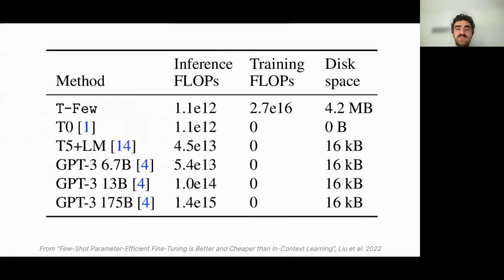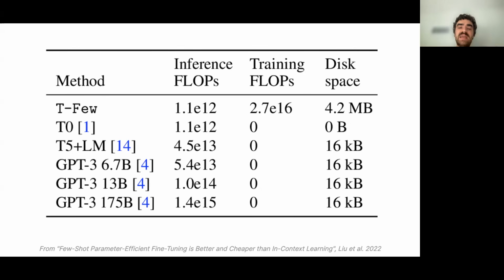Now we can compare that to the cost of using T0 as well as the LM-adapted T5 model I mentioned previously, using few-shot in-context learning, as well as the cost of doing few-shot in-context learning with 3 GPT-3 variants shown here. This is on a set of tasks from the GPT-3 paper using the same number of shots that they consider. And the key thing here is that after fine-tuning, T-few, because it's a fine-tuned version of T0, has the same number of inference flops as T0.